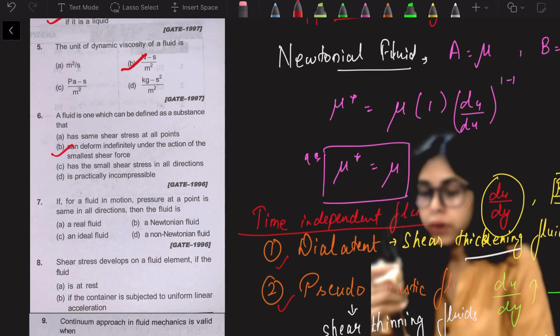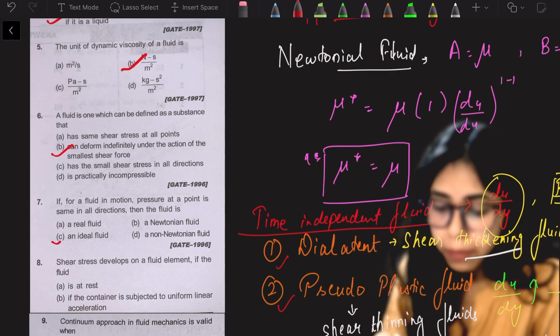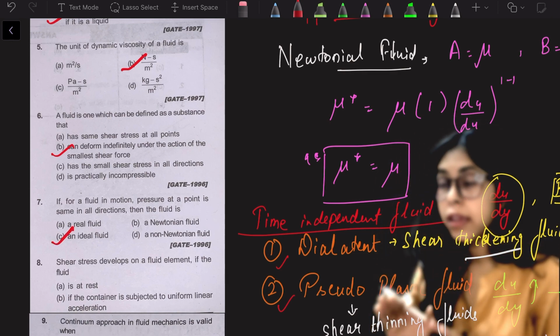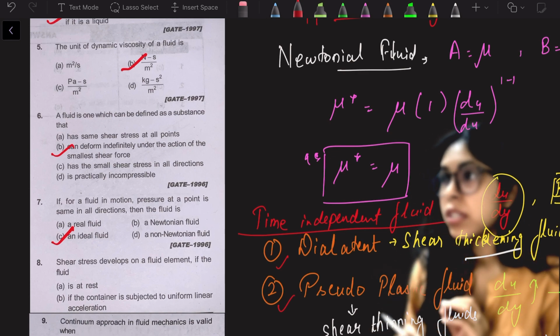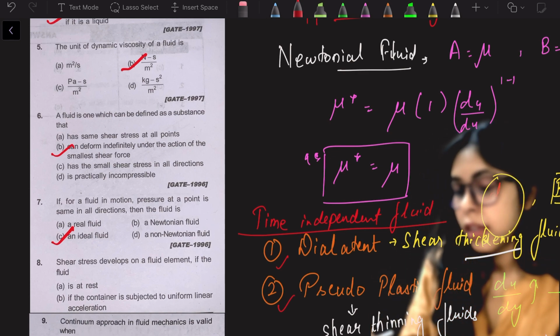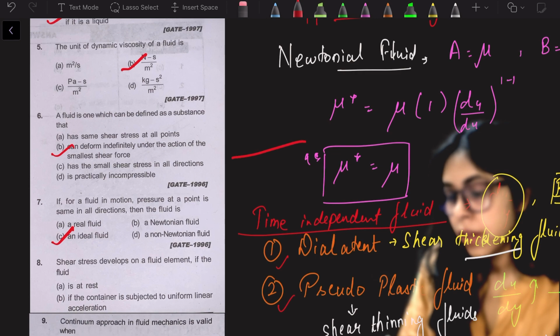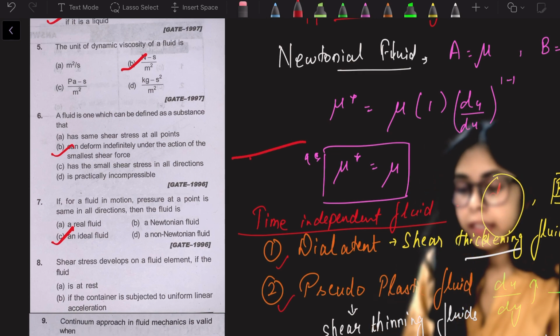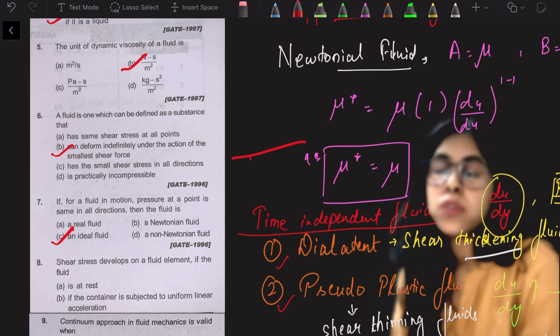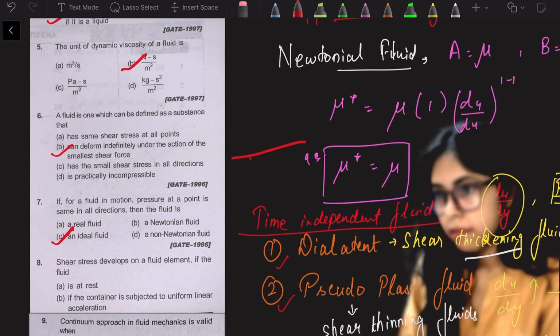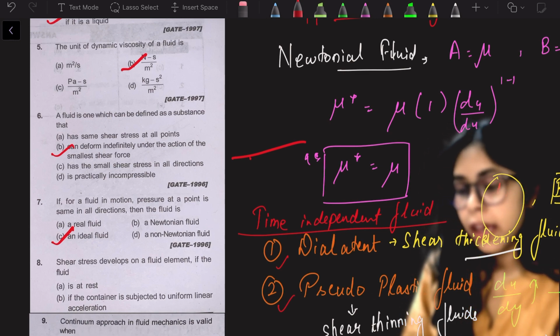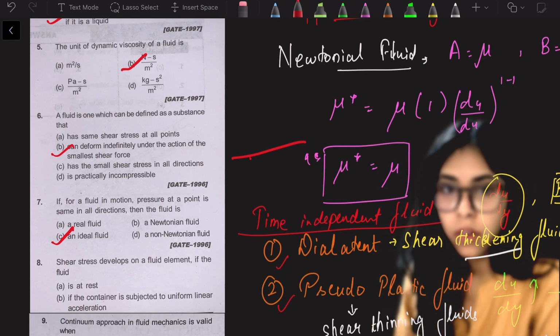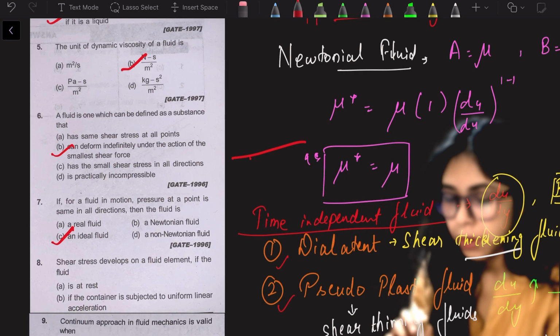This type of fluid is known as an ideal fluid, because in any real fluid there cannot be the same pressure in all directions. On the surface there will be different pressure. In the case of an ideal fluid there is no shear stress, so it can have the same pressure in all directions. So it is an ideal fluid.